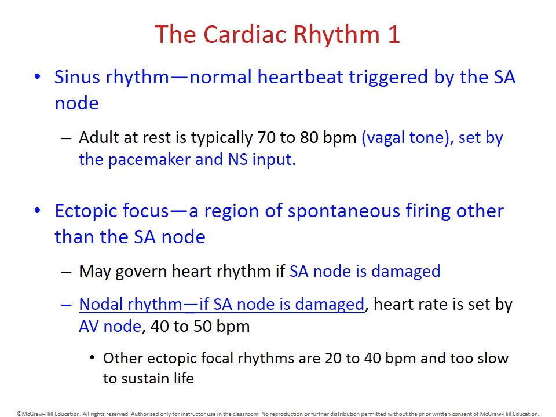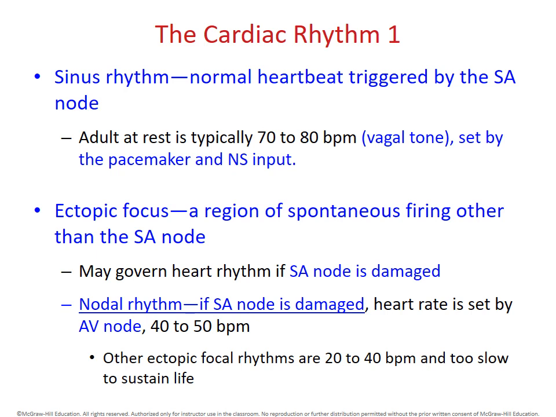Now, if your pacemaker or SA node is not able to complete its function, the initiating of the heartbeat will move down to the AV node. So the AV node will become responsible for initiating the heartbeat and spreading this charge along the entire heart. The problem is that this will lower your heart rate per minute.